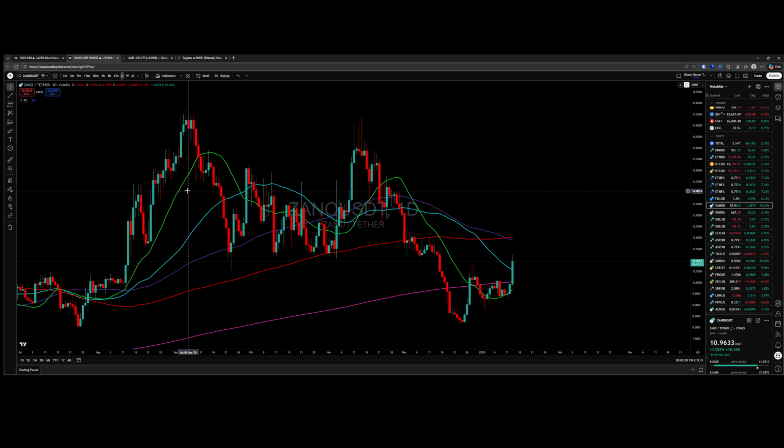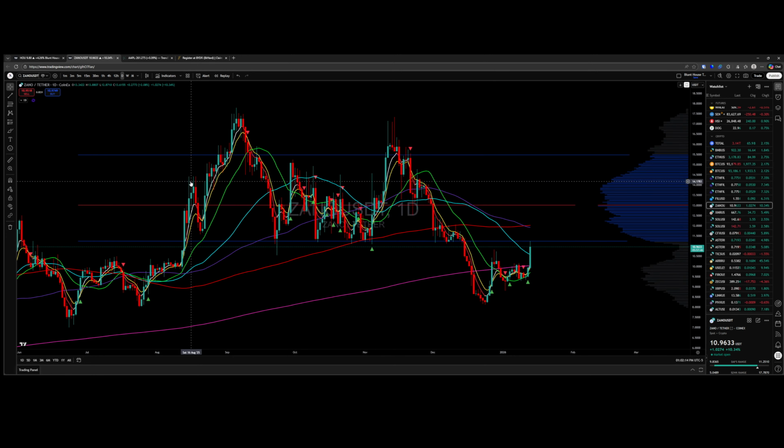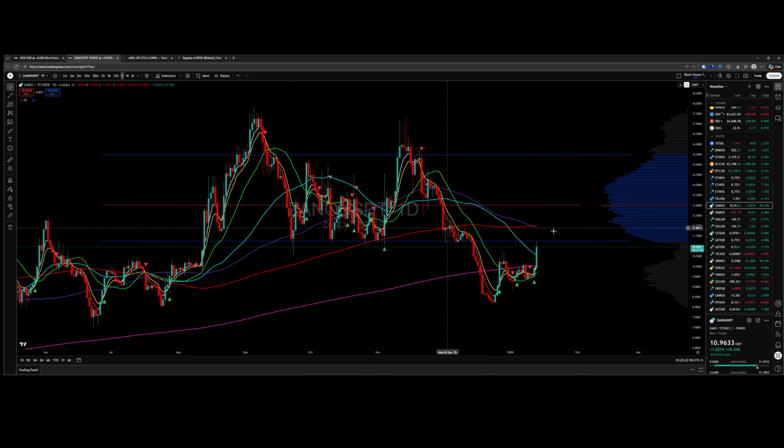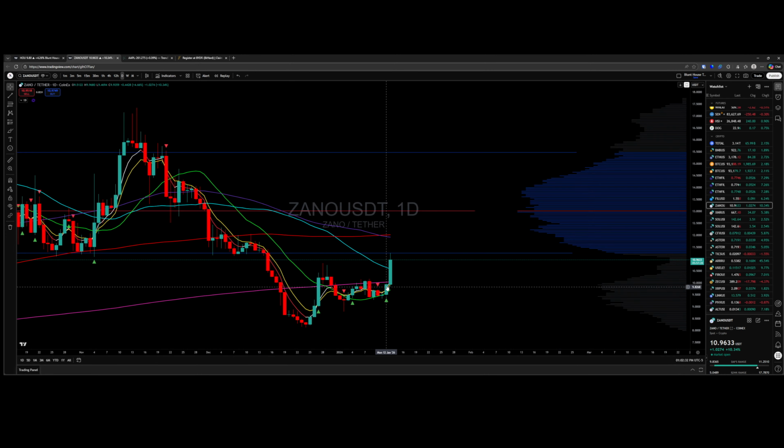For some reason, these privacy coins are taking off all at the same time, within reason. Anyways, there was XRP we showed. This is Xano, and look at this ridiculous move down. Struggle again with the 500 MA, but you get this green candle with a signal at a major moving average.